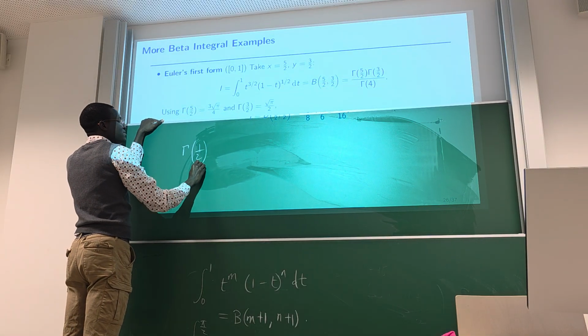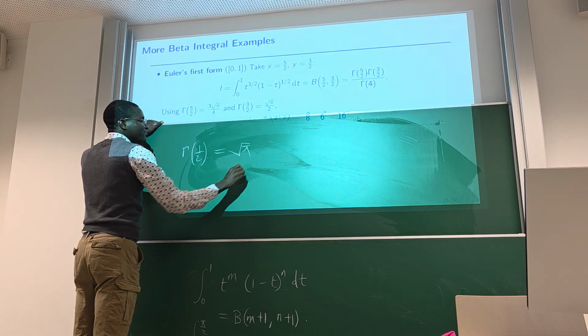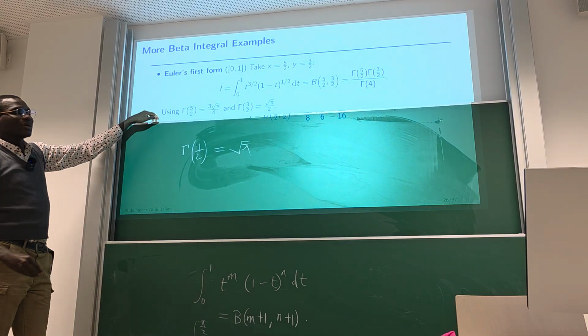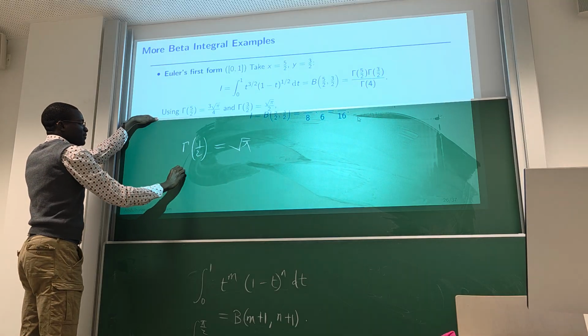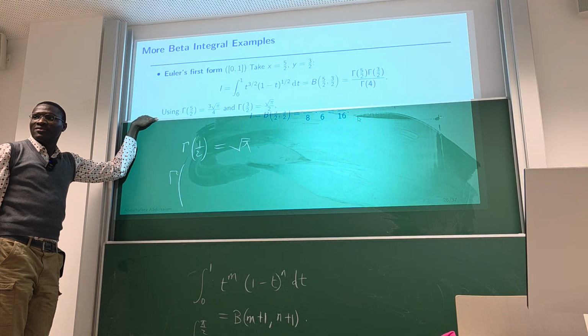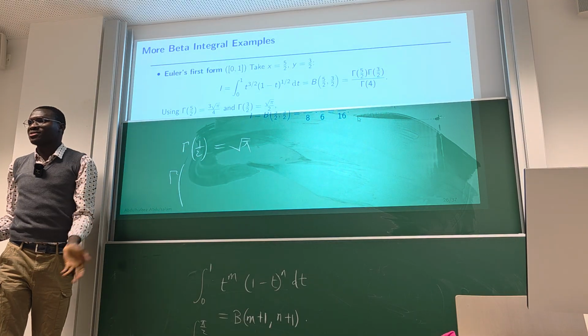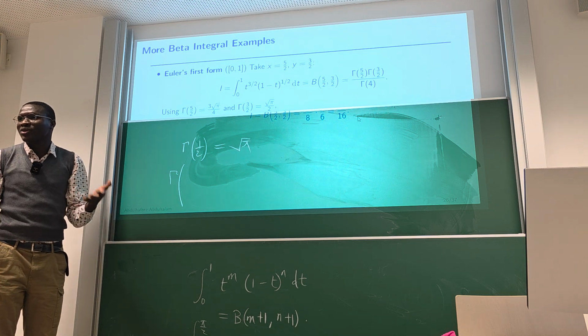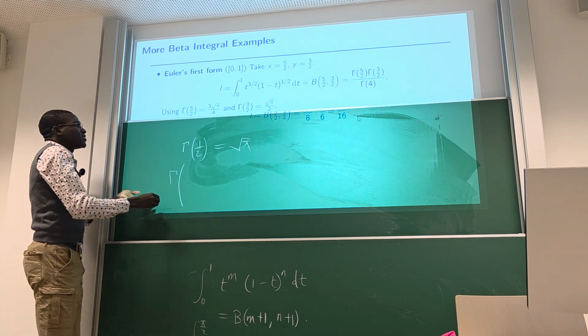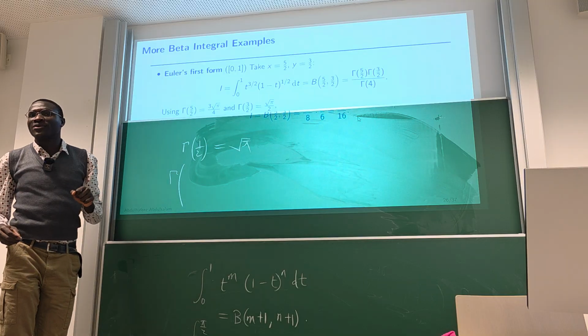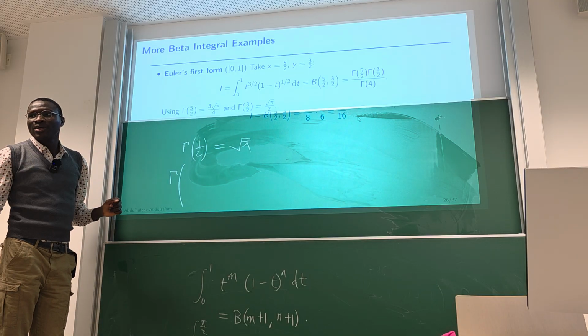We proved this in the first talk. So now we need to know something like 3 over 2, right? Of course you know 4 over 2, that's gamma 2, which is 1 factorial. You know the integer values. But you need to know something like 5 over 2, like 7 over 2.